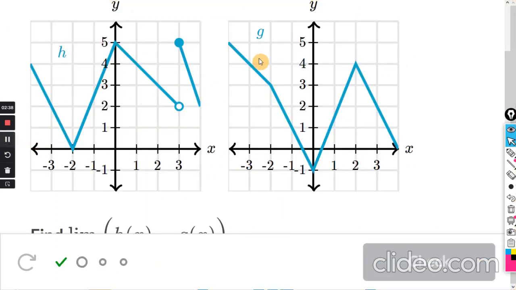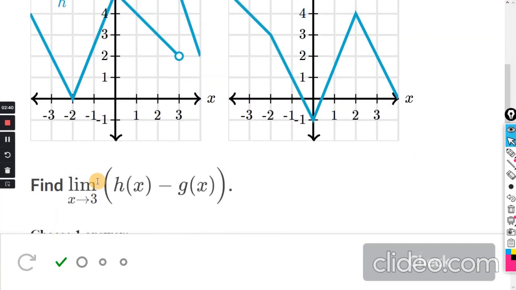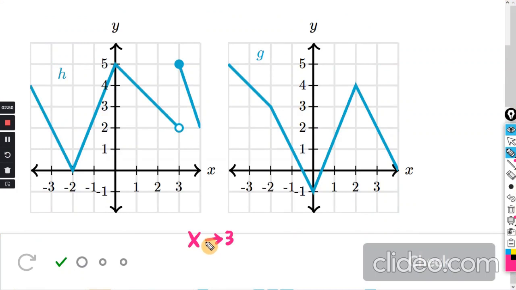All right, here are the functions h and g. Once again, we're doing the limit of h of x minus g of x as x approaches 3. So we're going to do that on each graph. Here's x equals 3, so we're looking at this line right here.